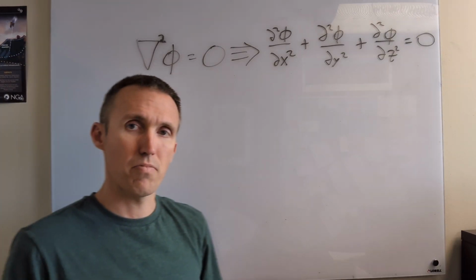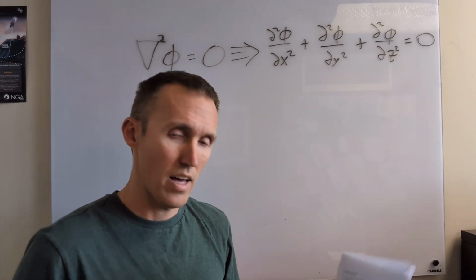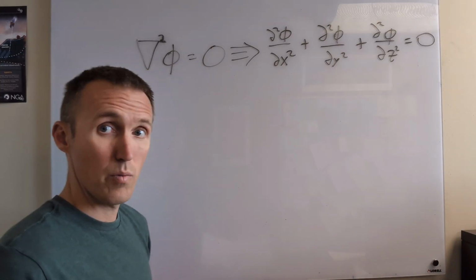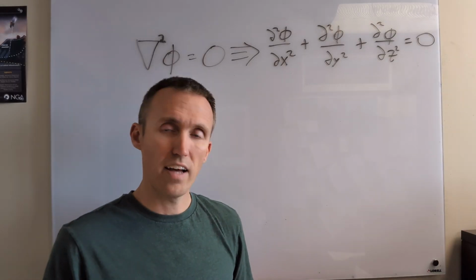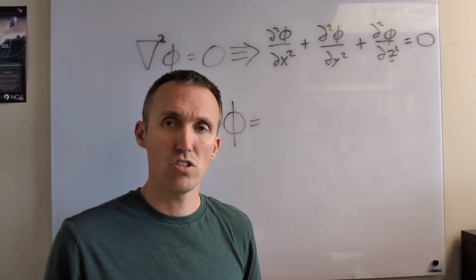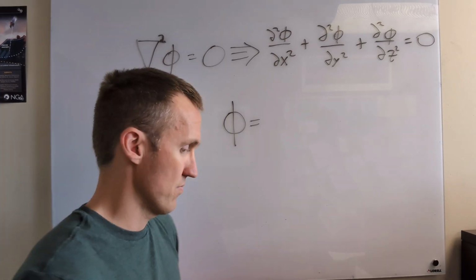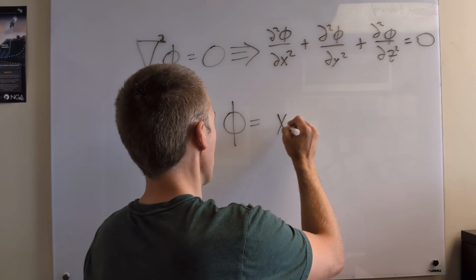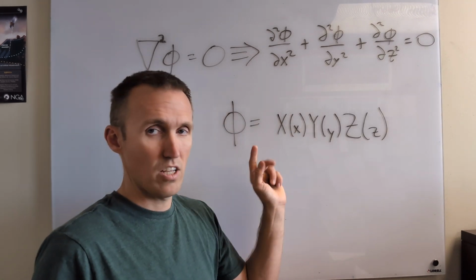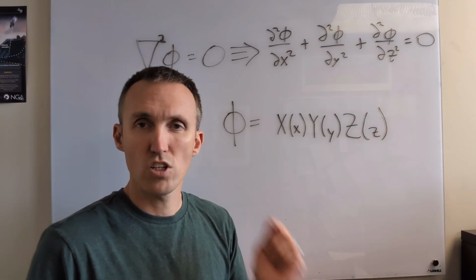So the classic way of solving these problems is to use something called separation of variables. The assumption that we make here is that we can write the scalar field phi as a product of functions that are related to one coordinate axis only. So we can write some function of x, and I apologize, I don't particularly like this notation, but this is the classic notation that's used.